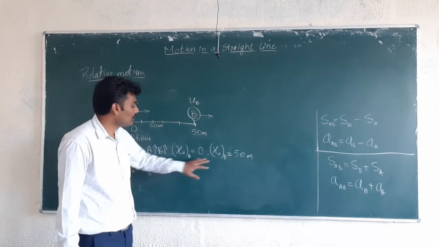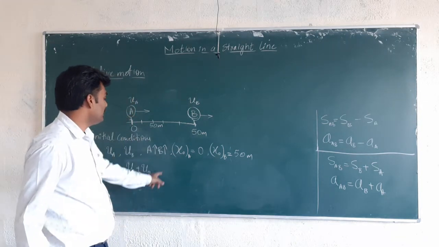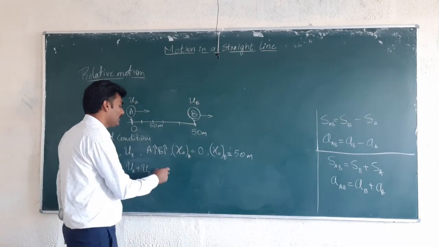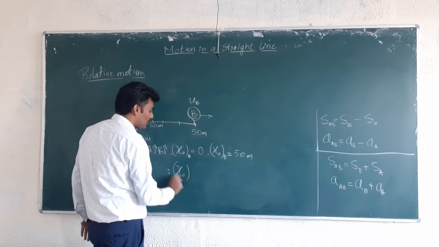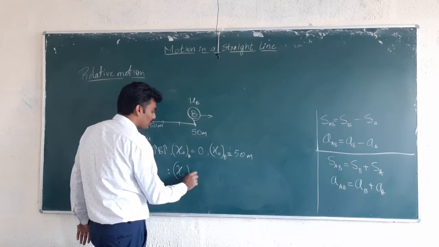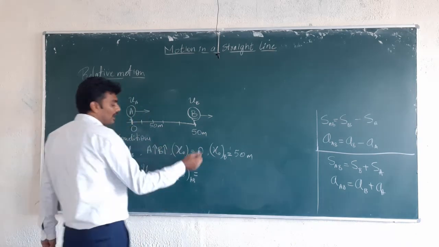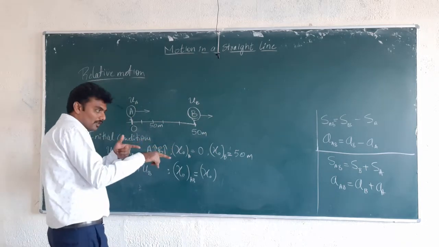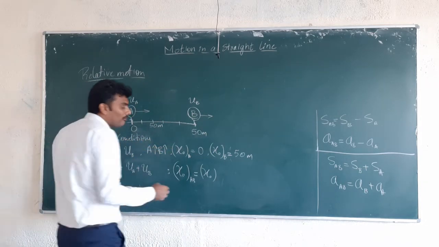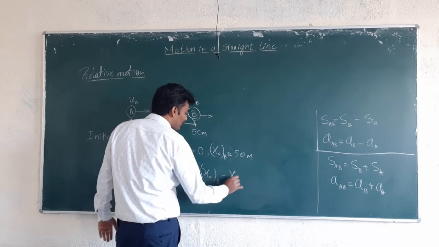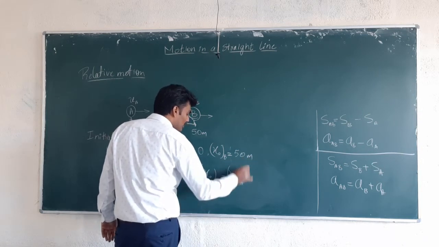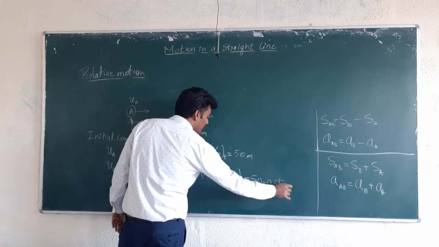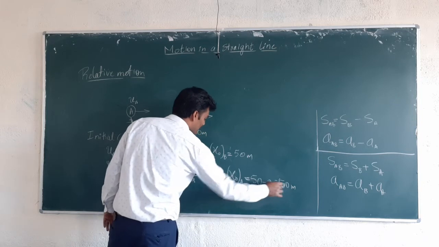And then coming to initial displacements or initial positions, we already have initial displacement x naught AB is equal to, see, 50 meter ahead, so it is x naught, and they are in the same direction, so I should subtract them, x naught B minus x naught A, which is simply 50 minus 0, which is equal to 50 meter for this situation, for this example.